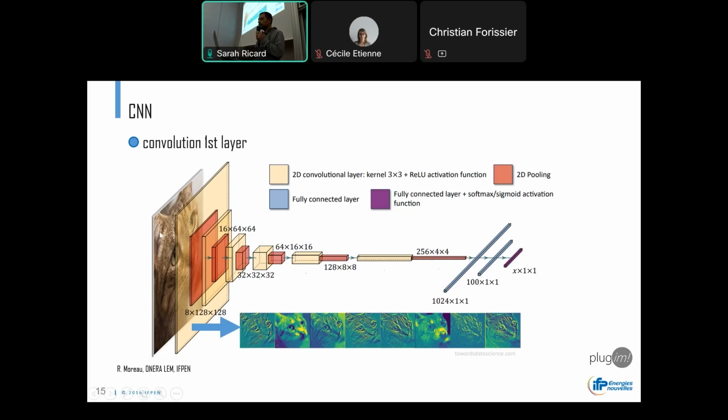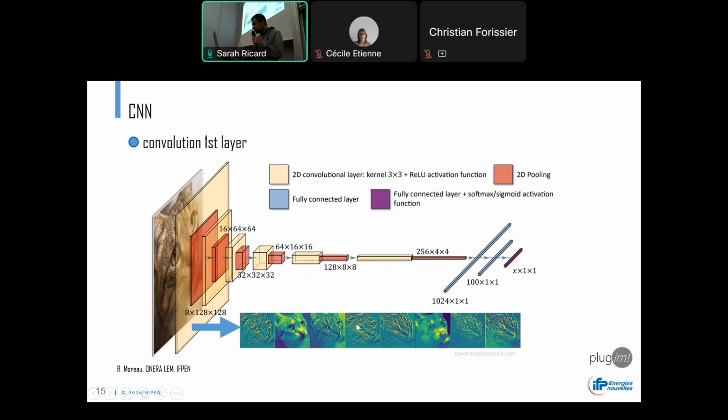And in the first layer, if you take these images, you obtain some results that we call feature maps. And as I mentioned before, you can see results from this image with specific information concerning some orientation or some specific texture of your image.